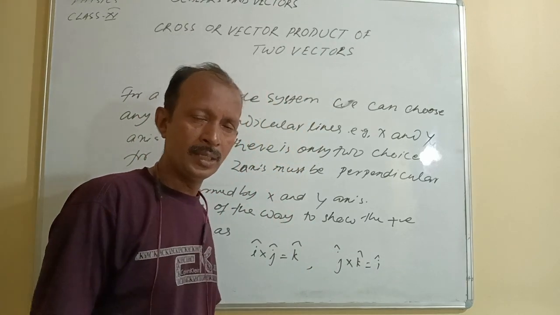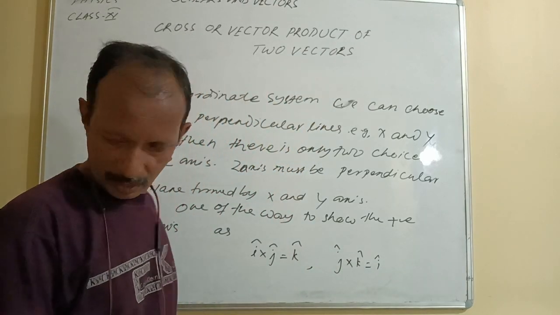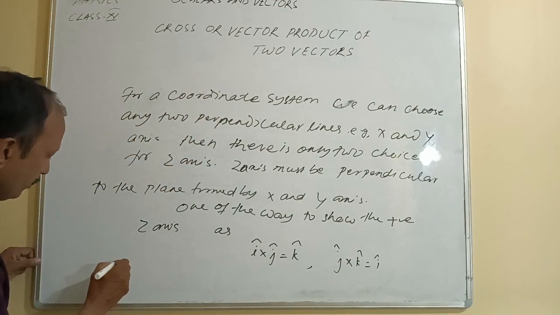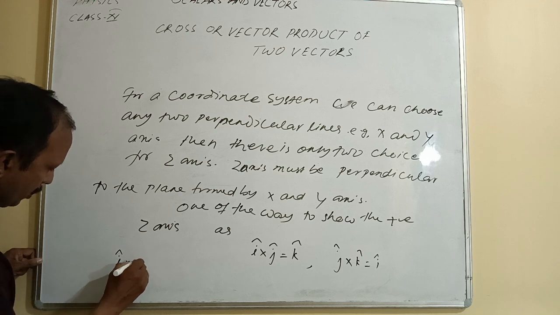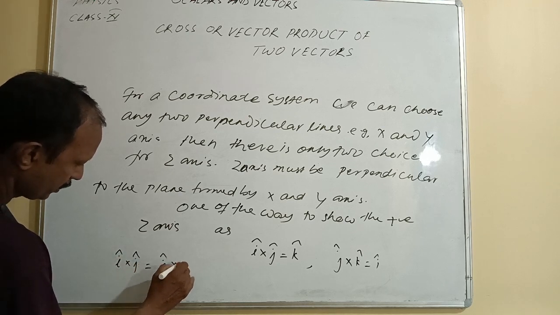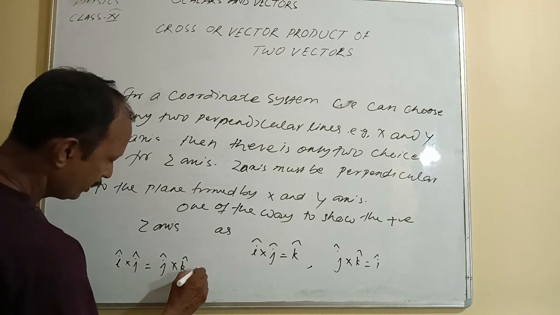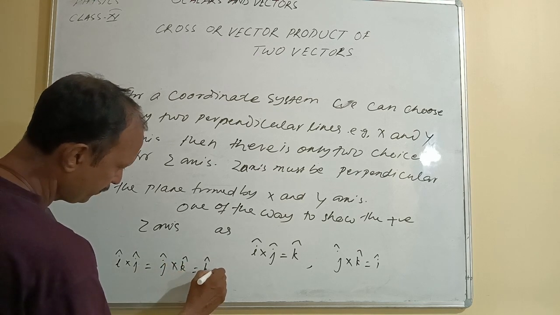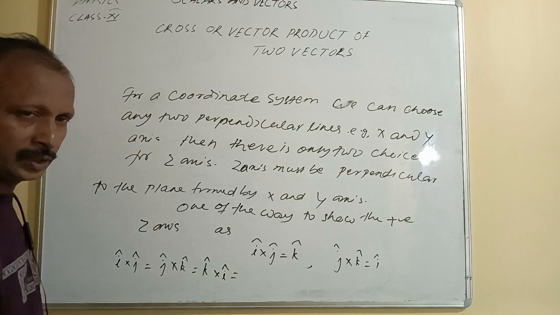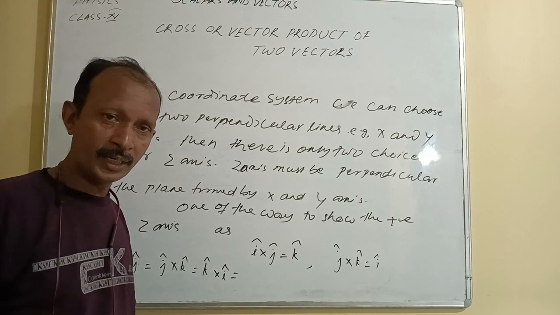Okay, so this is the right hand system. For right hand system, I cap cross j cap is equal to j cap cross k cap is equal to k cap cross I cap. So all are the unit vectors I have taken.